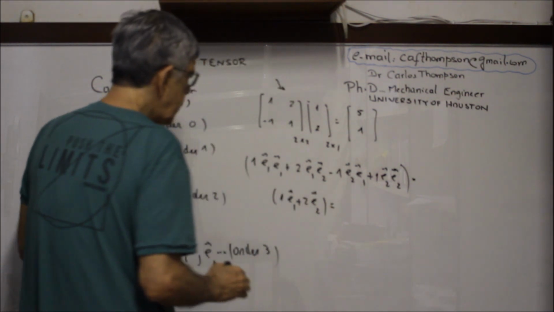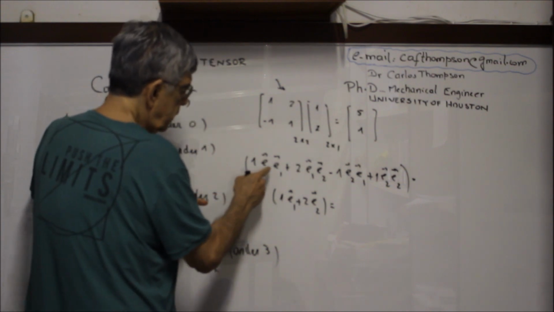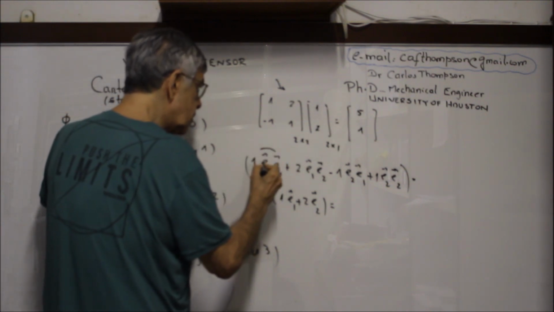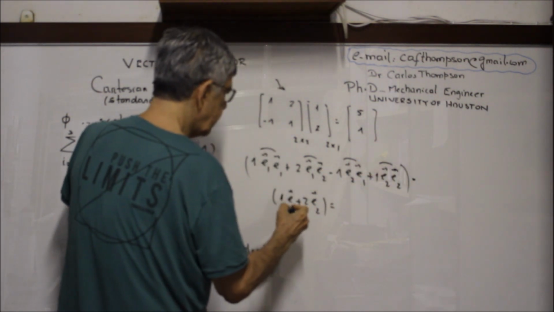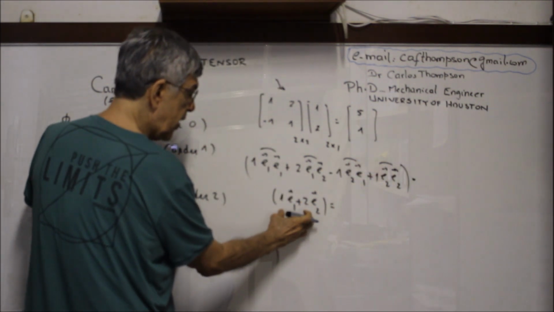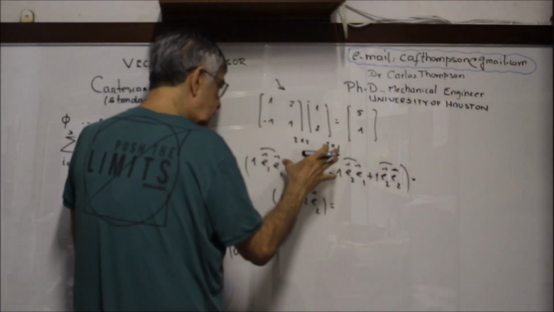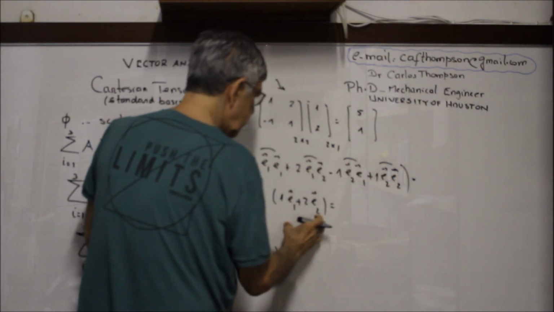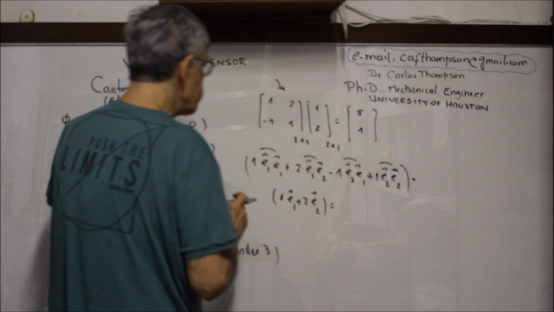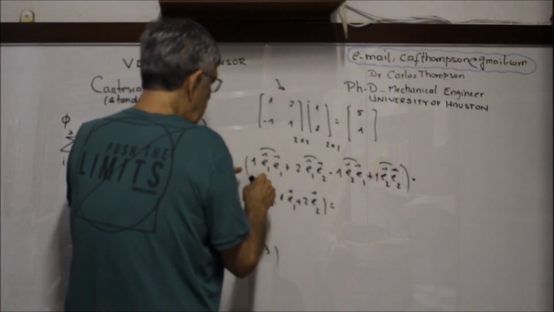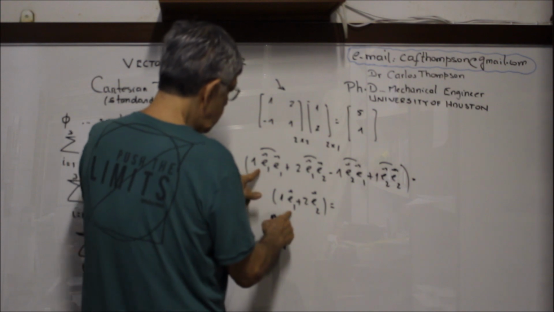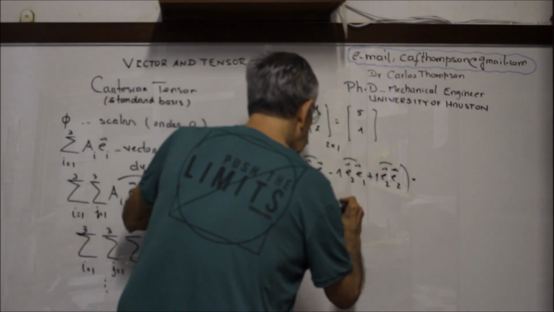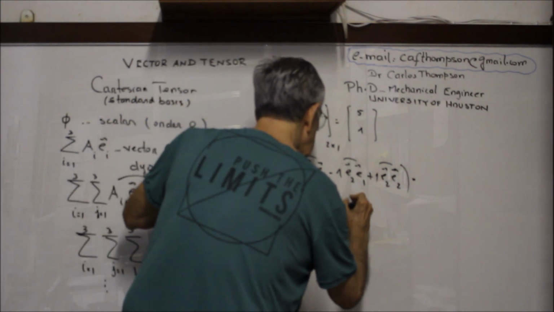Now, let's see. This is a second order tensor, and this is a vector. This second order tensor dot this vector. Now, this term dot this term will be 1 E1.